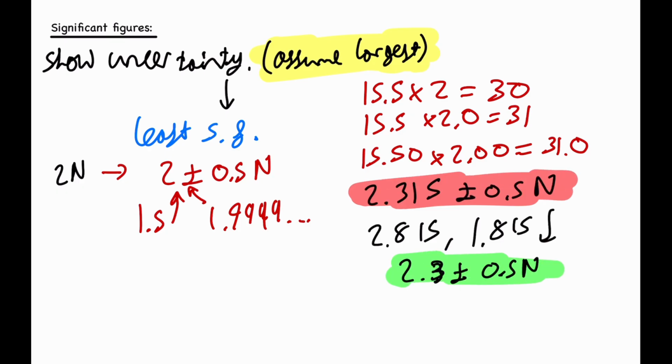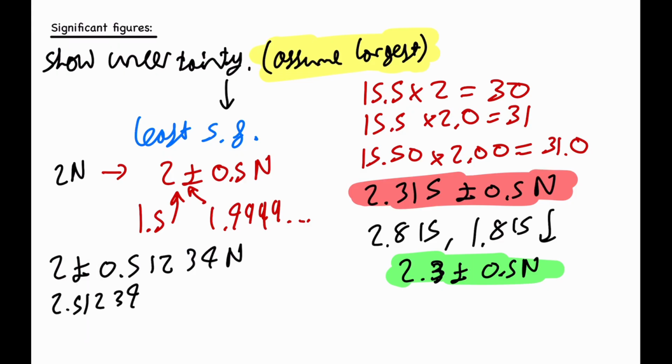So most uncertainties are left to one or two significant figures, because say we had 2 plus minus 0.51234 newtons from the example from before. We can't really do this because now we're saying that this has an extra level of accuracy, because it can be between either 2.51234 or 1.48766.